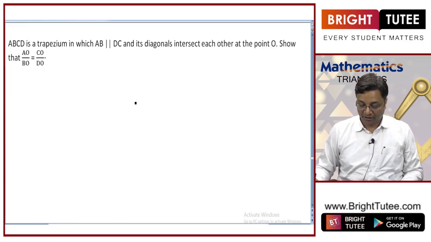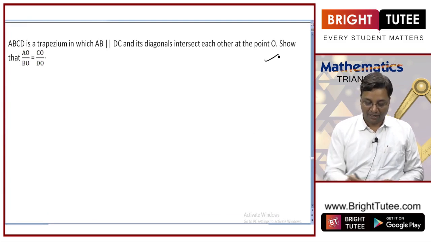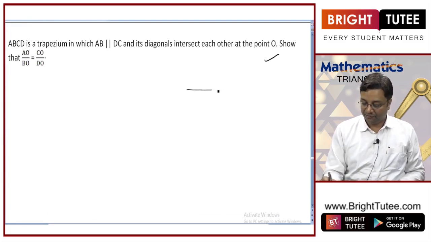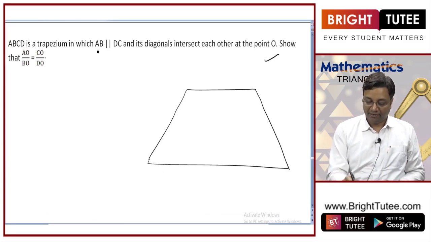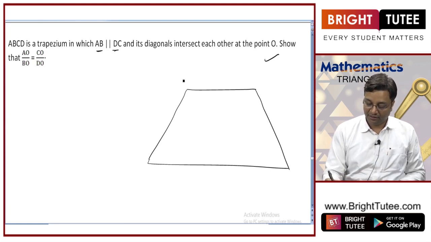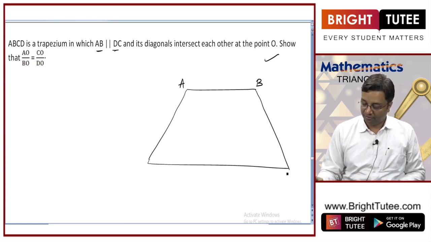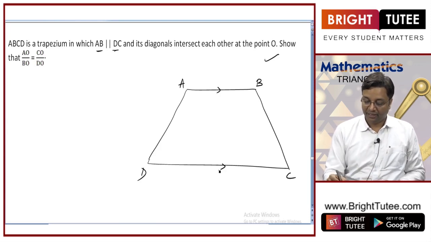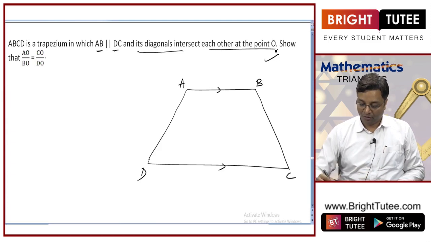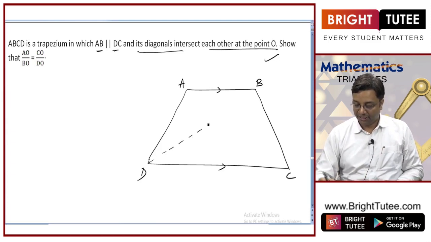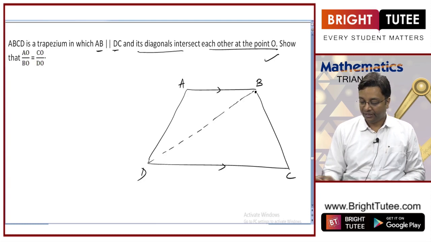Let us look at this question. This question is an important question. Okay, ABCD is a trapezium. So let's make a trapezium here. AB is parallel to DC. So A, B, C, D, and these are the parallel sides, and its diagonals intersect each other at the point O. So let us draw the diagonals BD and AC.